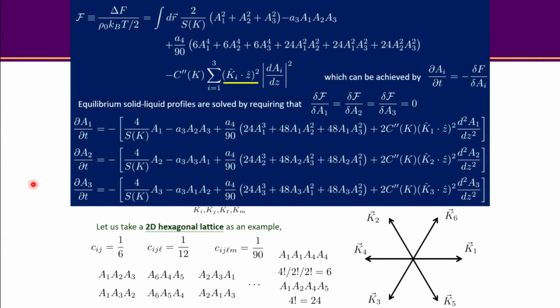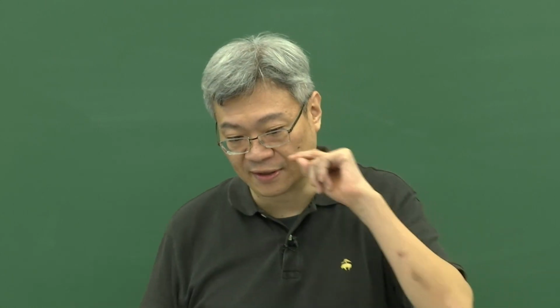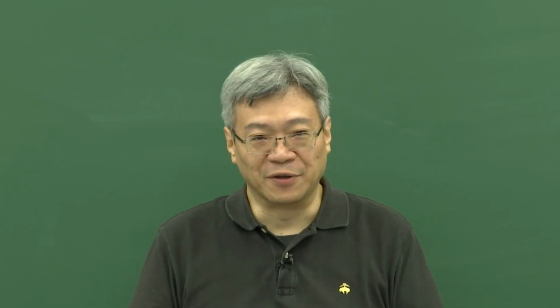But the concept is what? If you look back at the free energy, the bulk term, when we built the Ginzburg-Landau theory, the bulk term basically is a double well potential, right? So the picture you can have now is that I have 3 variables, so the free energy landscape is going to be 4-dimensional.